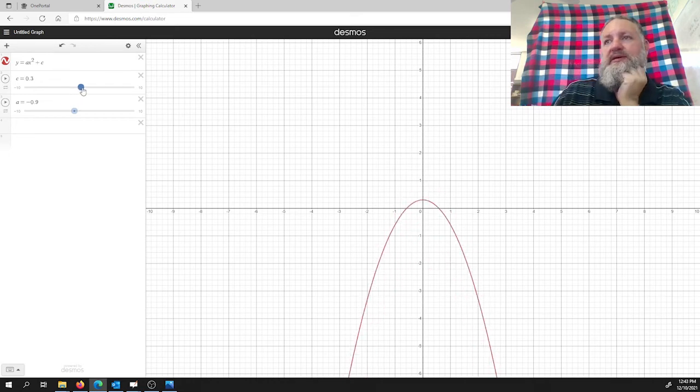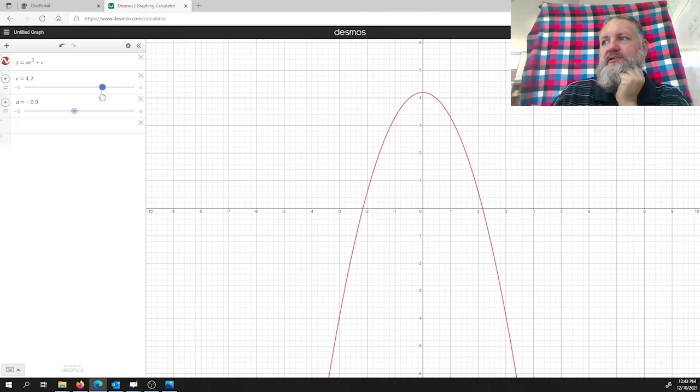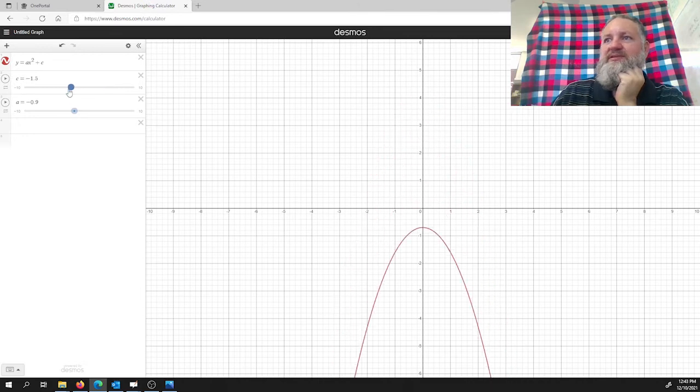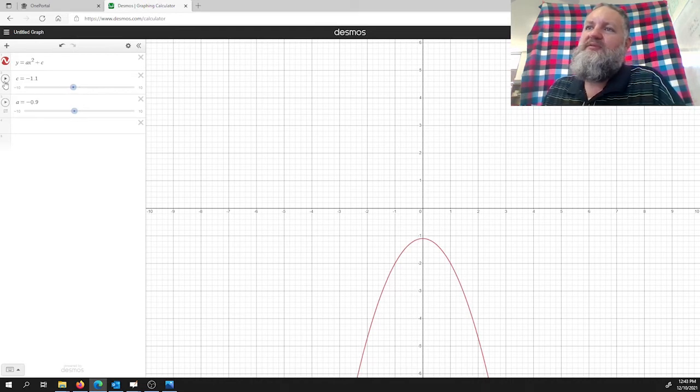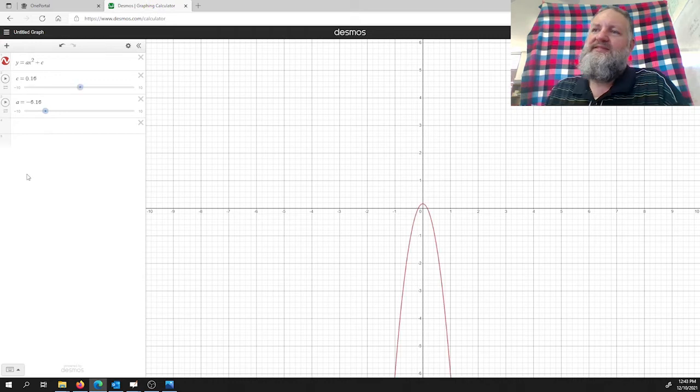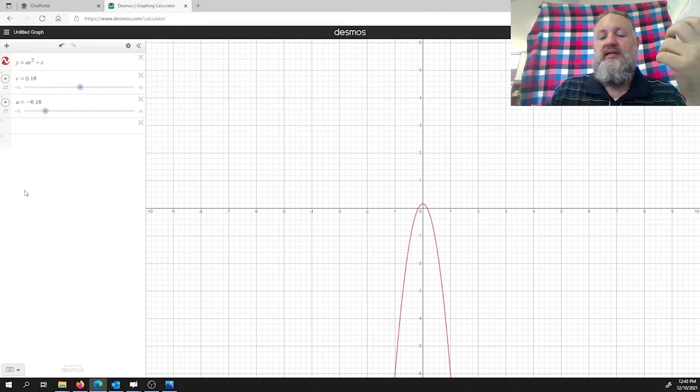If it is a positive number, it's up above in the positive numbers, and if it's a negative number, it goes down into the negatives. Isn't that something? And if we press play on both of them, you can see that it's flown off the screen. It'll come back. There it is. Anyway, so that's our translation. We can vertically translate it.